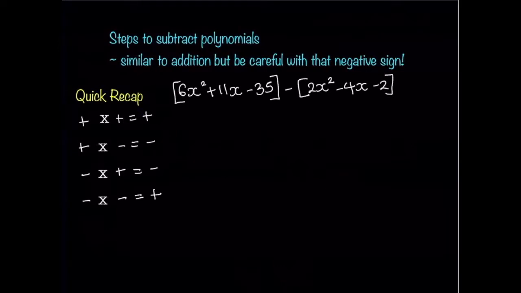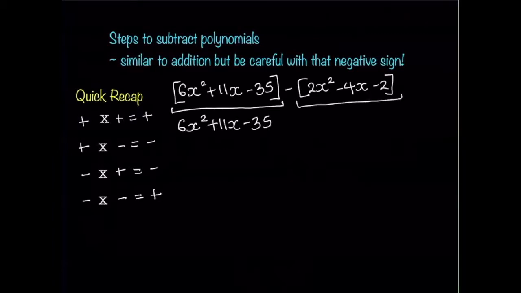Now, this part of your polynomial is fine because it's the polynomial that's in front of the subtraction. So it's going to remain exactly the same. So I can just write it as 6x squared plus 11x minus 35.